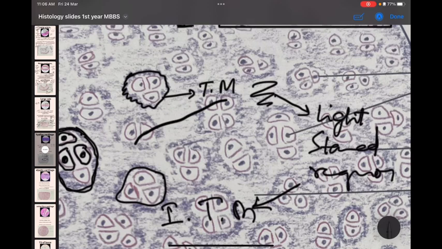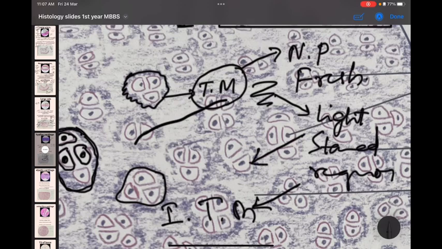So darkly stained territorial matrix is newly produced or fresh, whereas the light stained interterritorial matrix is old one.